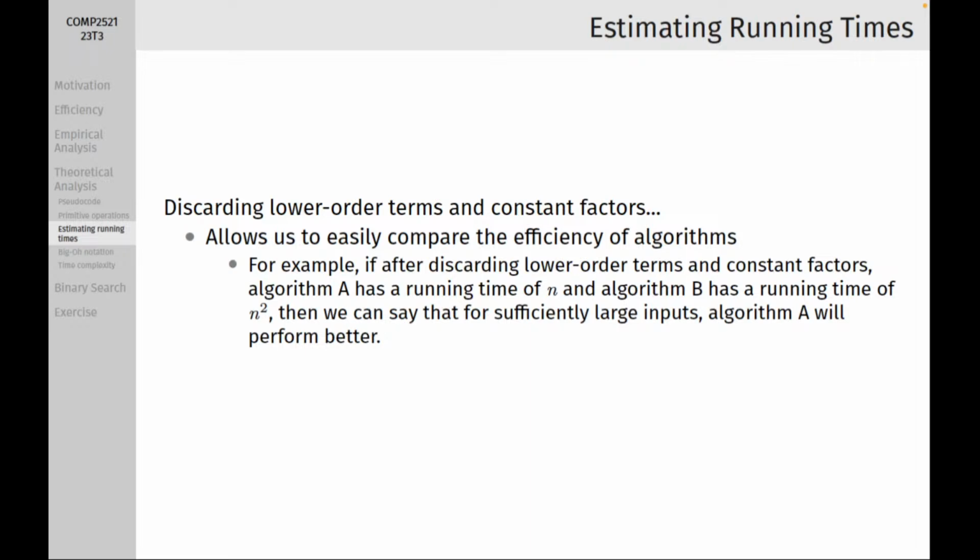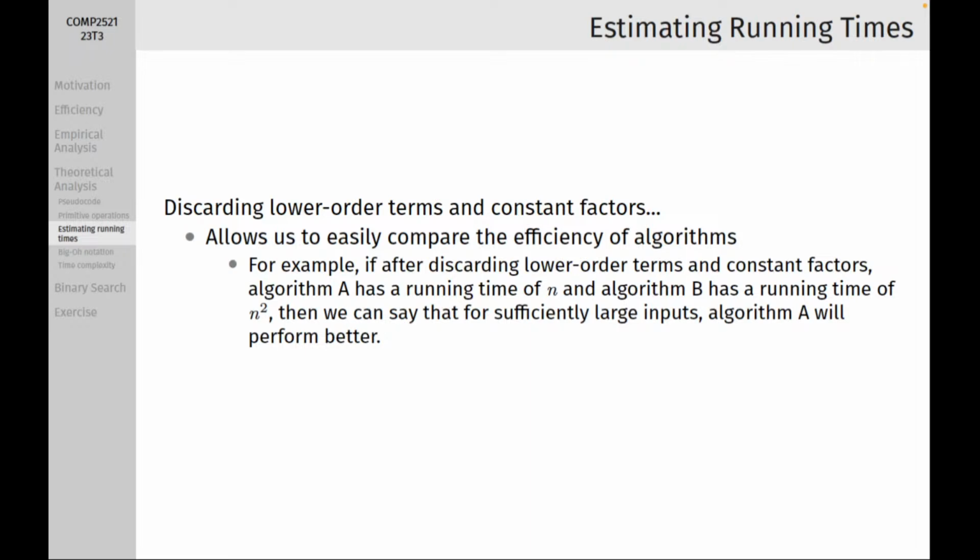So if you are writing an algorithm to solve a problem, and your friend's also writing an algorithm to solve the same problem, if you both analyze your algorithms and you both end up with n, then you know that your algorithms are in the same ballpark in terms of efficiency. But if you come up with n and your friend analyzes theirs and they come up with n squared, then you know that your algorithm is more efficient.